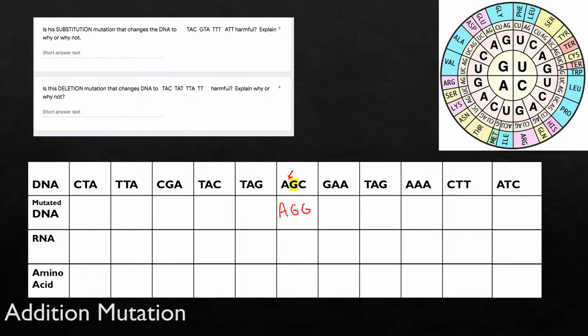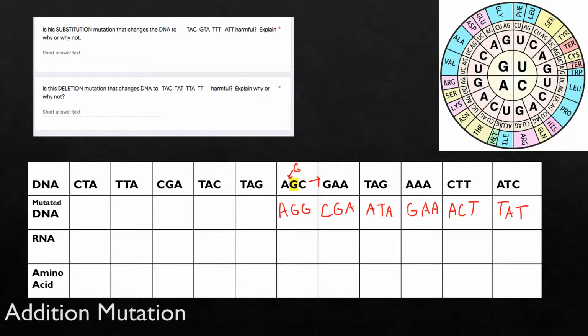So this C would slide over if we inserted a G in this spot. So we now would have C, G, A, T, A. This G slides over. G, A, and this A slides over. A, C, T, and T, A, T.